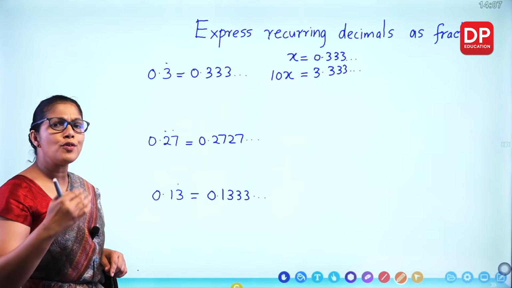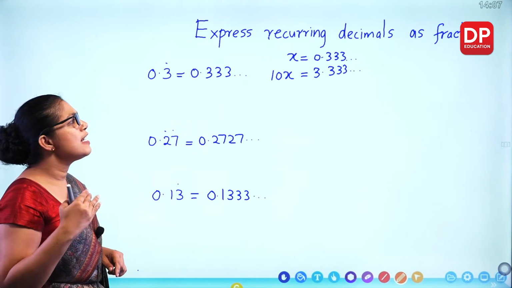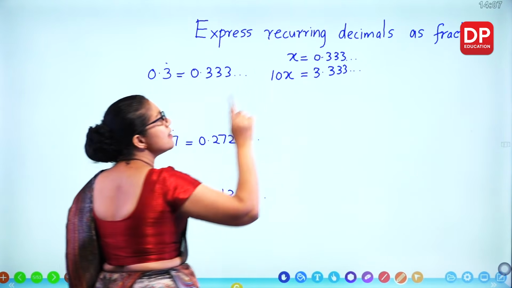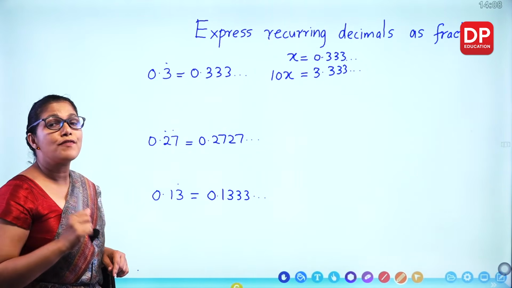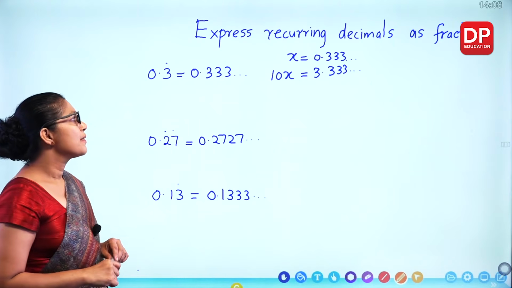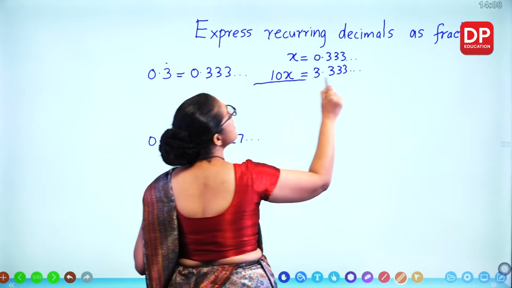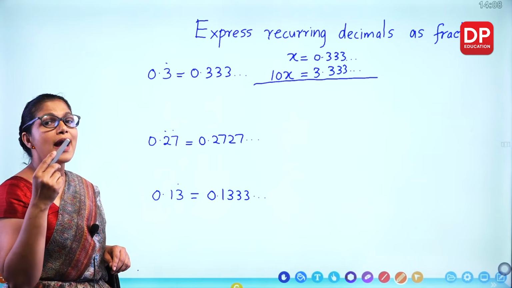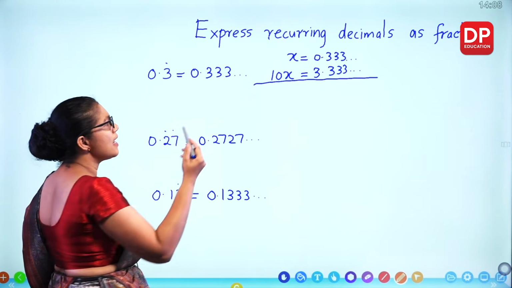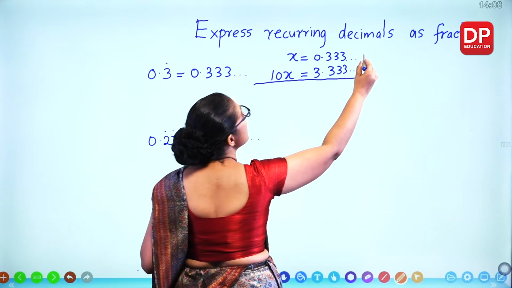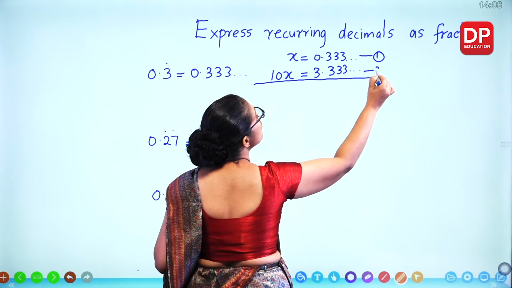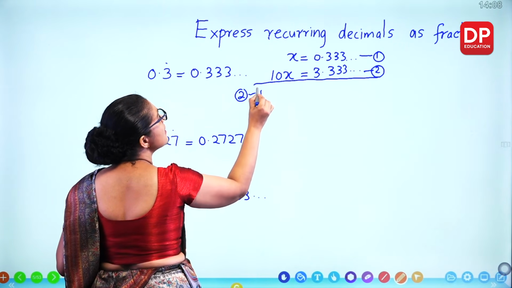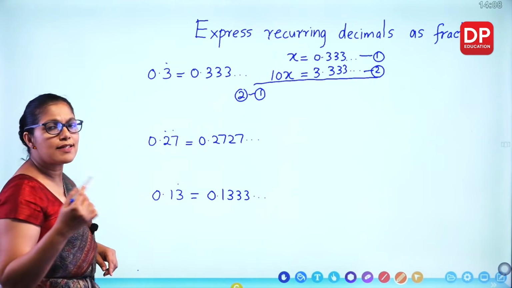So you have to stop the process till you get something like that. The set of decimals should be the same. Now, when we get the same set of decimals, what do we do? We subtract the 2 equations. If this is 1 and this is 2, we subtract 2 minus 1. That means the bigger one minus the smaller one.